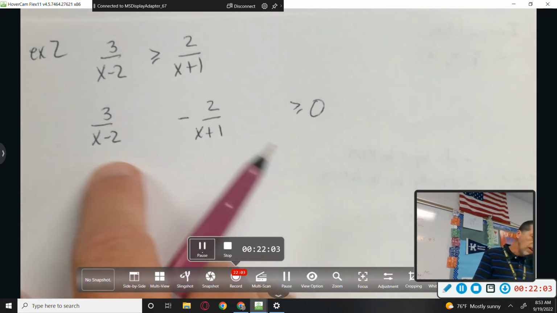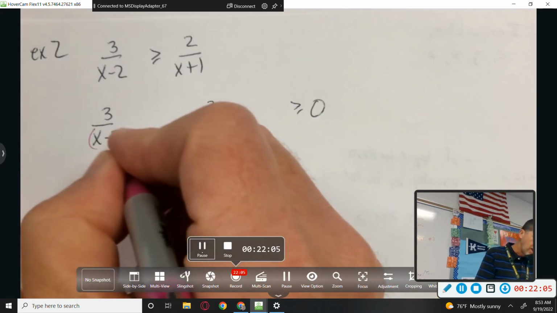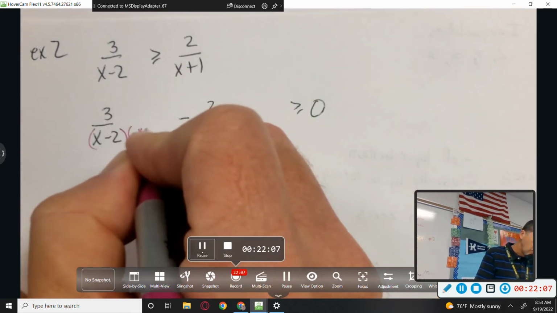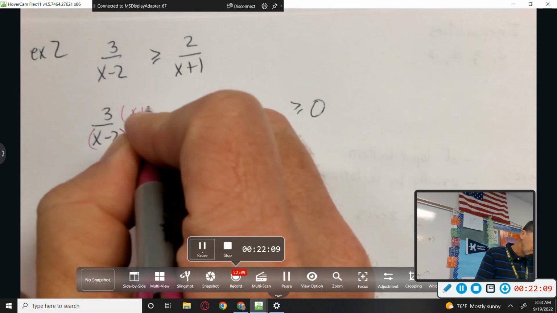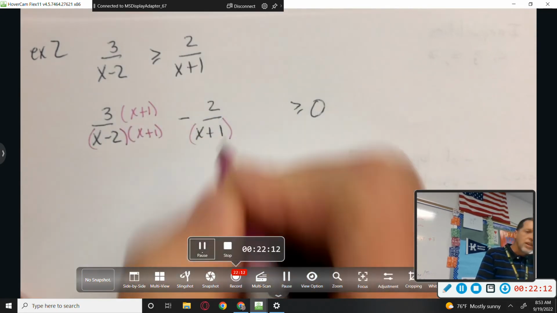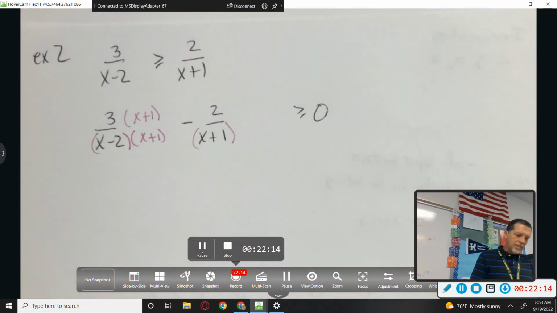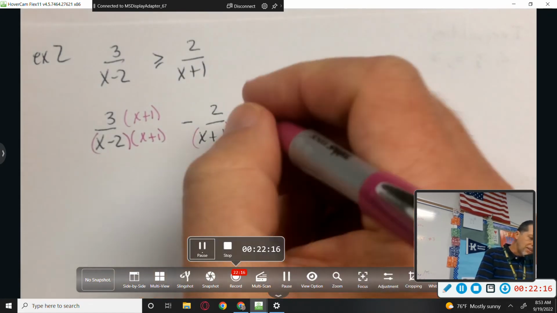So this is a problem from Friday. First term needs an x plus 1. But then the second kid is like, wait a minute, that's not fair. I want an x minus 2.